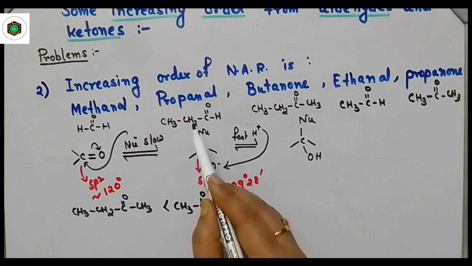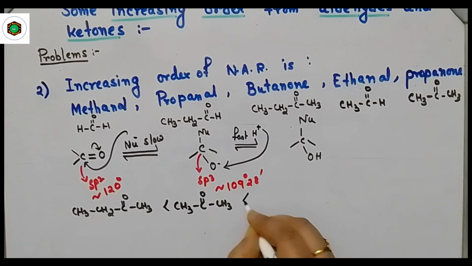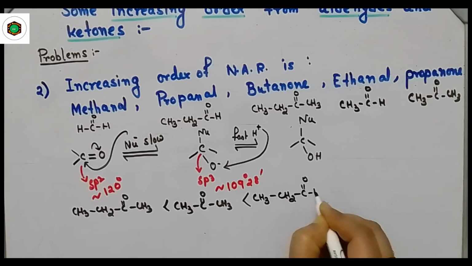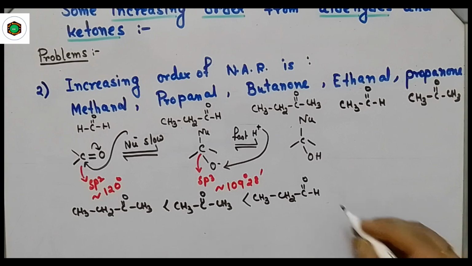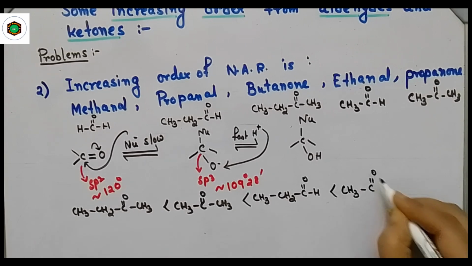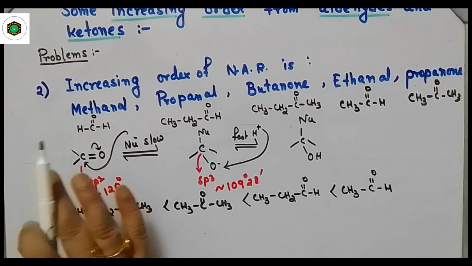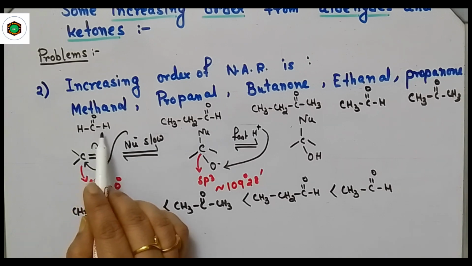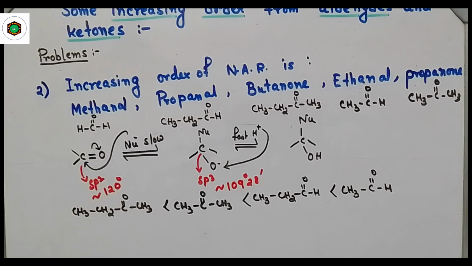So between these two, this is having lower rate, but it is higher than ketone. After that, this will come, and in formaldehyde means methanal, there is no steric reason, and also here no alkyl groups are present, so here rate will be highest.